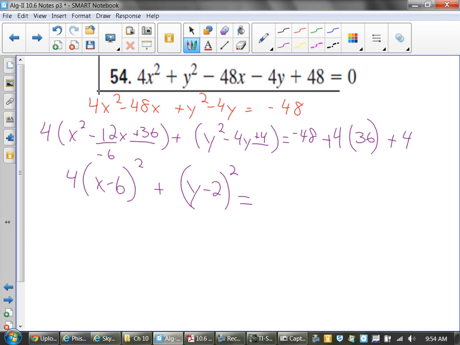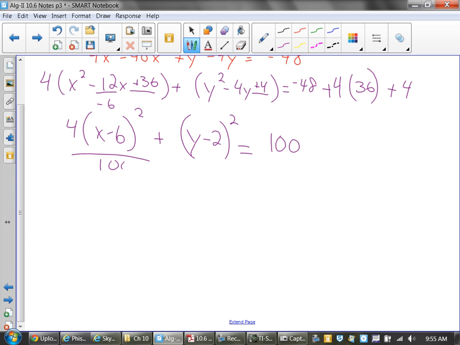What do we get? I got 100. Yeah, because 4 times 36 is 144, minus 48. So now when you divide everything by 100, you'd get x minus 6 squared over 25.